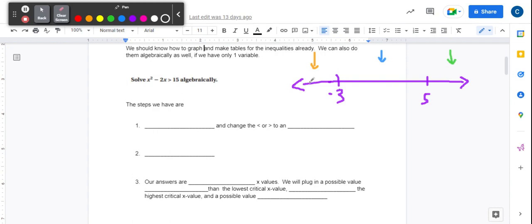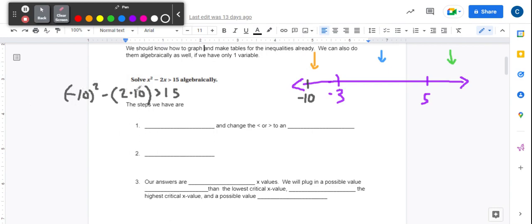Let's just say negative 10. So we plug it in: negative 10 squared minus 2 times negative 10. Let's see if it's greater than 15.